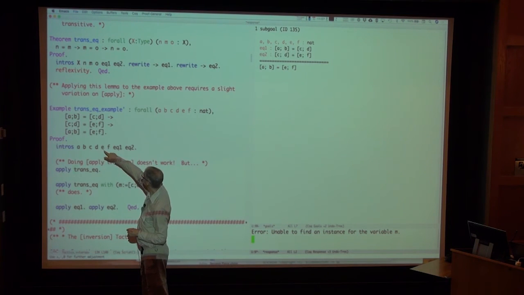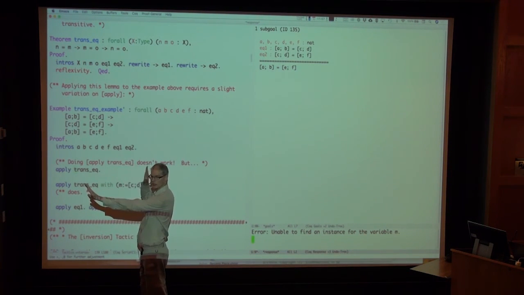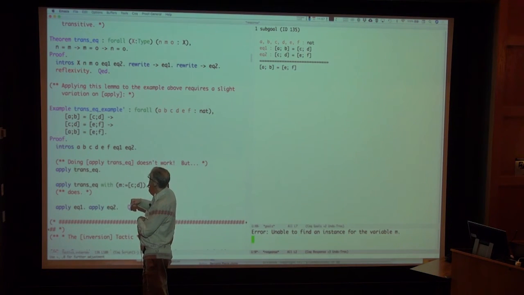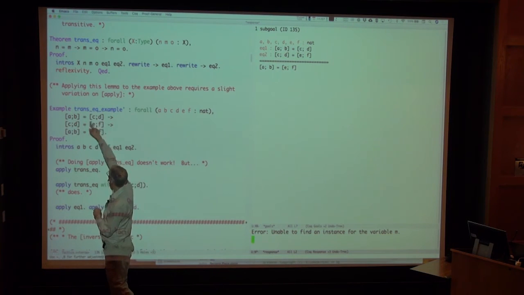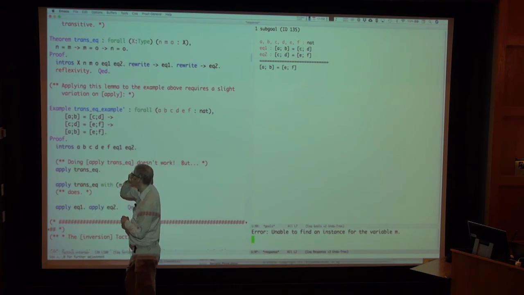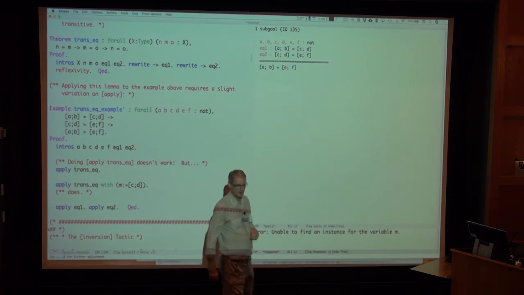Well, it wouldn't work anyway because we have to intros the same number of things as there are quantifiers at the beginning of the goal. I see your intuition, but it wouldn't work anyway because c and d are mentioned in other places around, so we have to have names for them, like in this particular example.